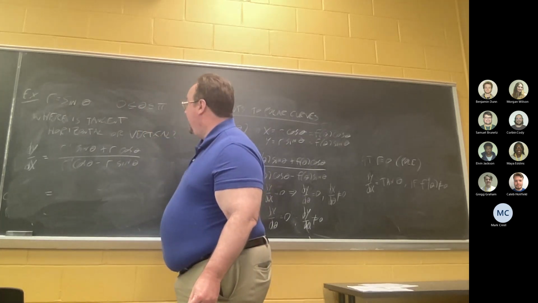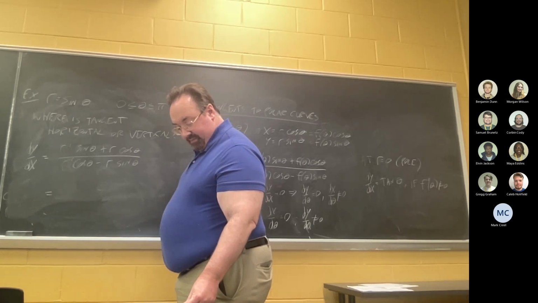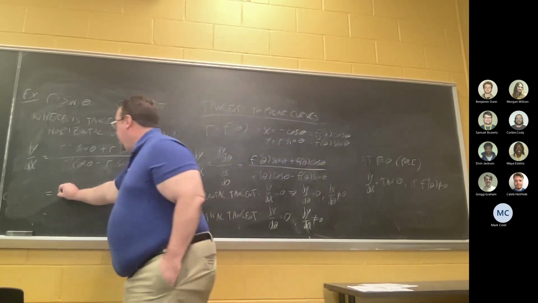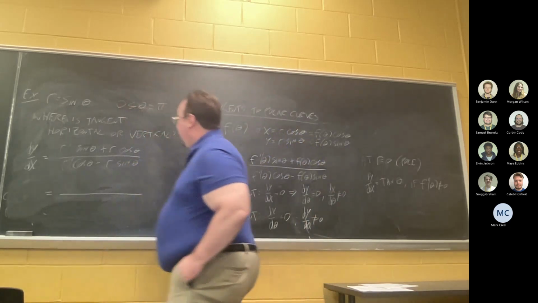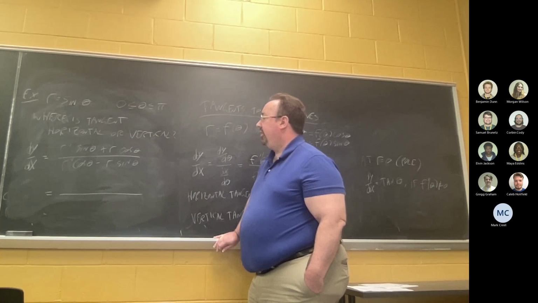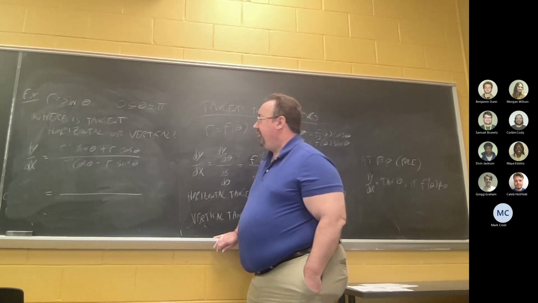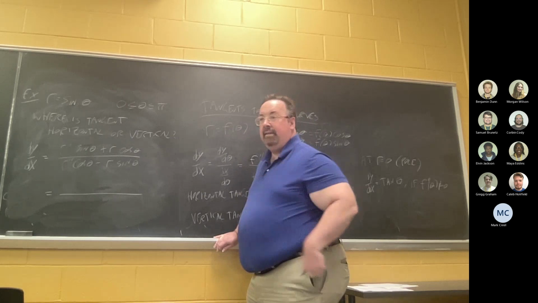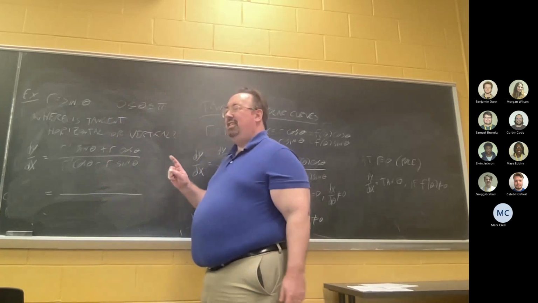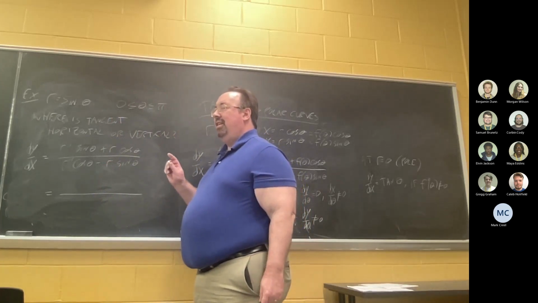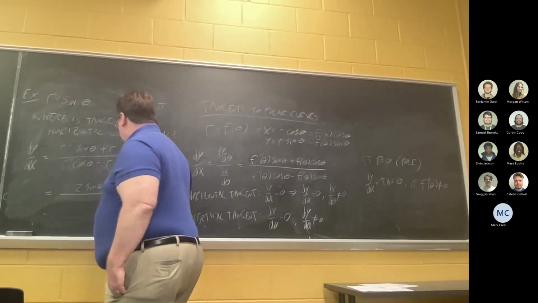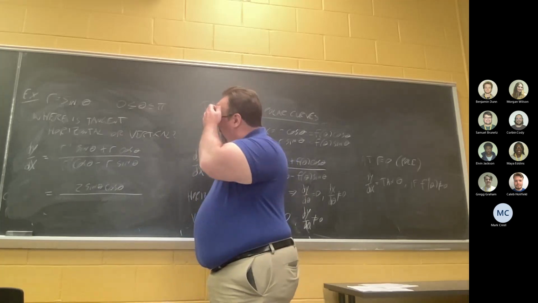What are we going to get, starting with the numerator? Cosine theta sine theta plus cosine squared... almost, plus sine theta cosine theta. So you get two sine theta cosine theta up top, and then down below.